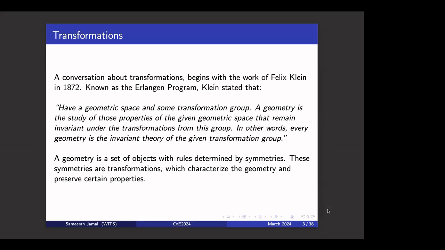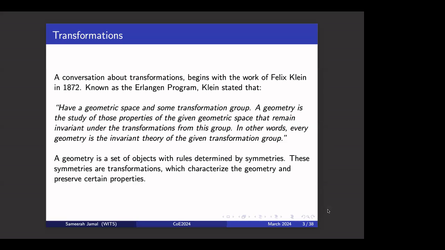Whenever we speak about transformations, I suppose the earliest work on record is the work by Felix Klein in 1872, where we had the idea of a geometric space and a transformation group. A geometry is the study of those properties of the given geometric space that remain invariant under the transformations of this group.